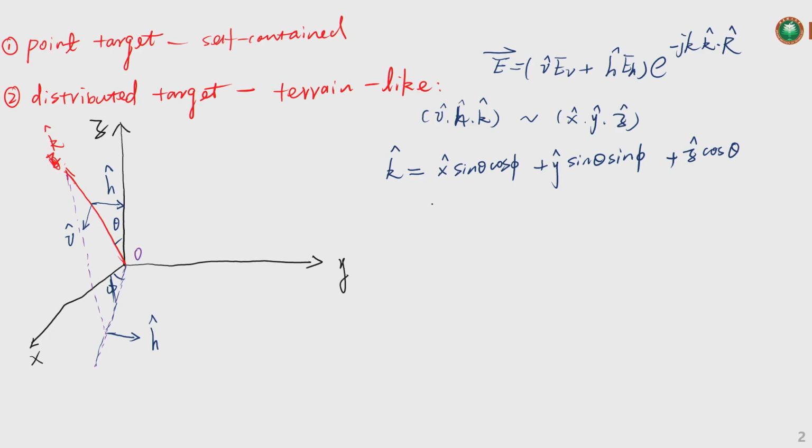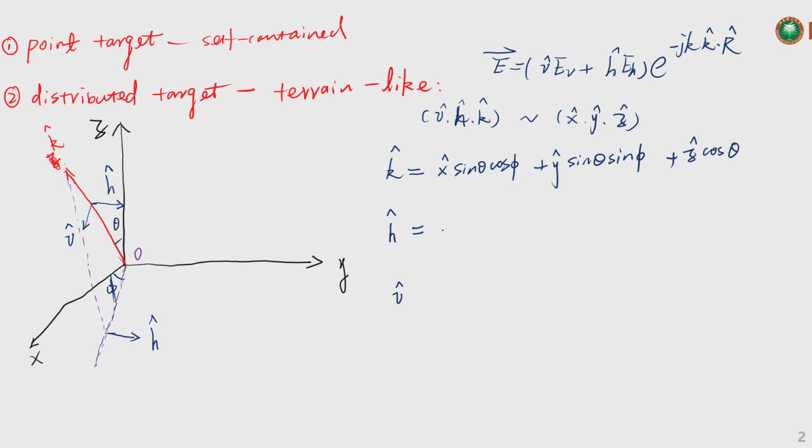And how do we define the vector of H and the vector of V? H equals, because in the K, theta plane, the H is perpendicular to this plane, the normal direction.